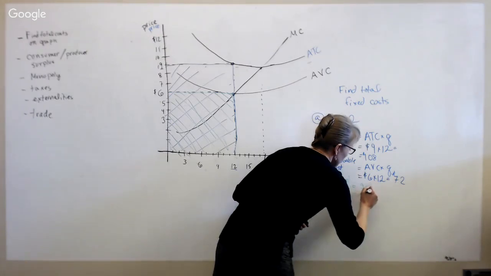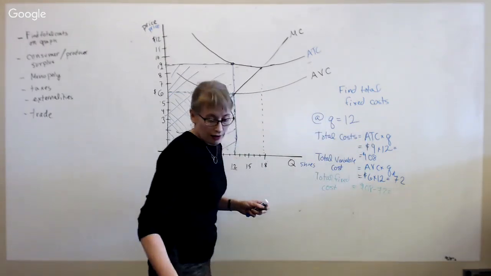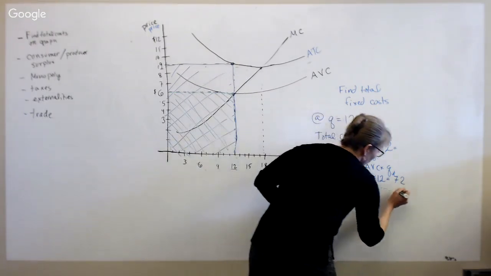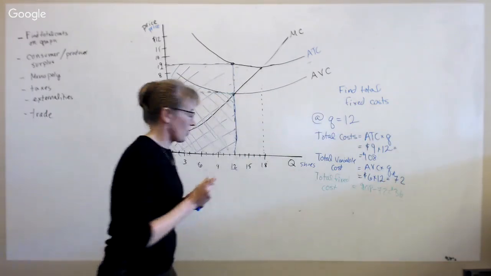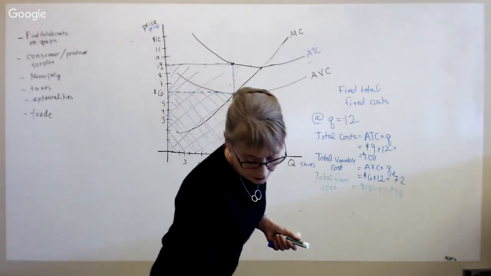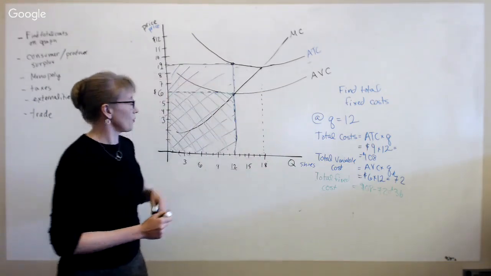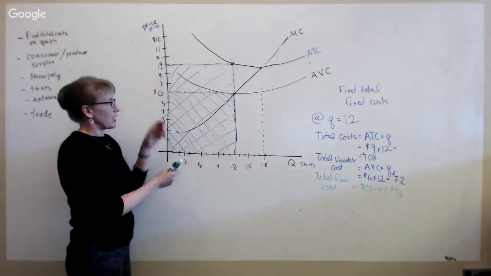And in this example, that's 108 minus 72. And that should be 36. Exactly right, 36. Now, we found this value, but we could also represent it graphically.